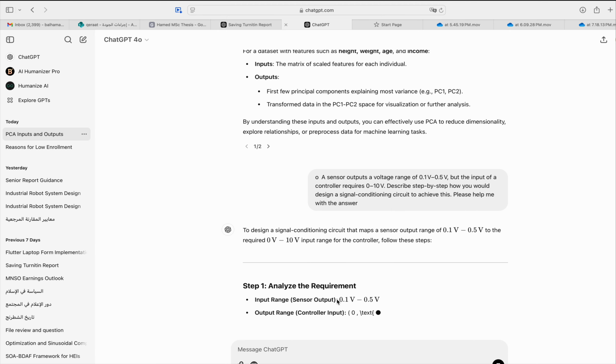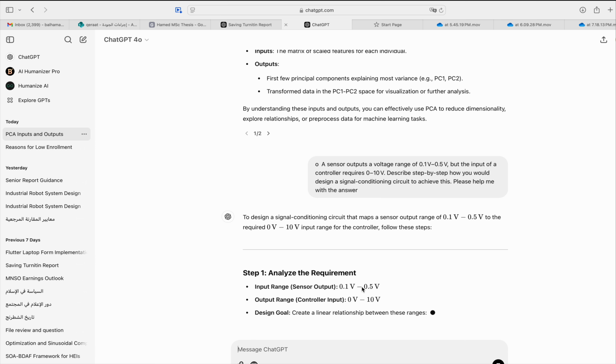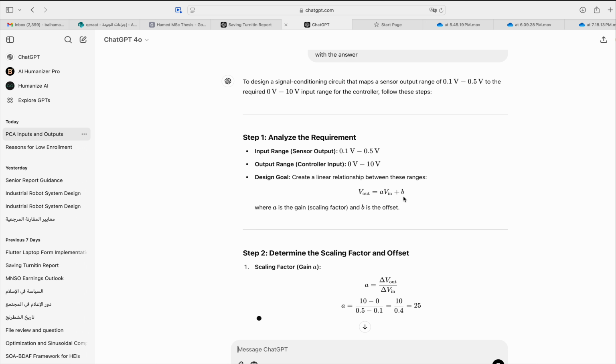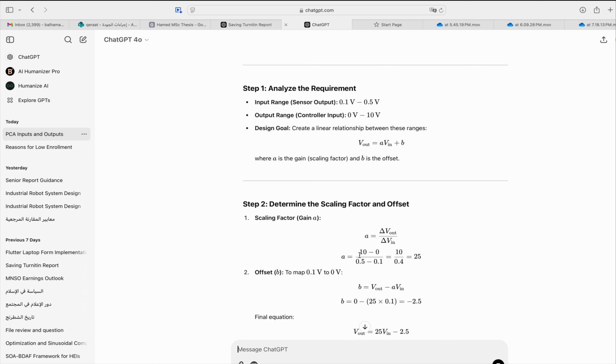Here it identifies the input and the output, and as I said, you have an intercept in this case. But you may want to get rid of the offset, which is 0.1 in this case.